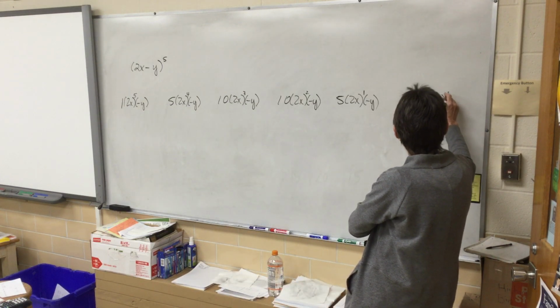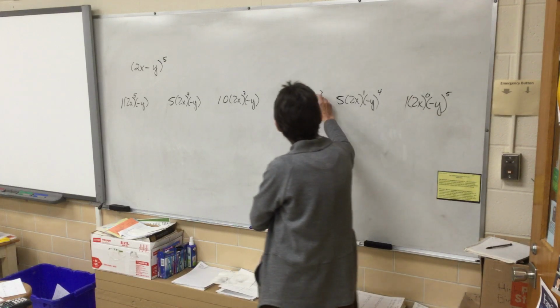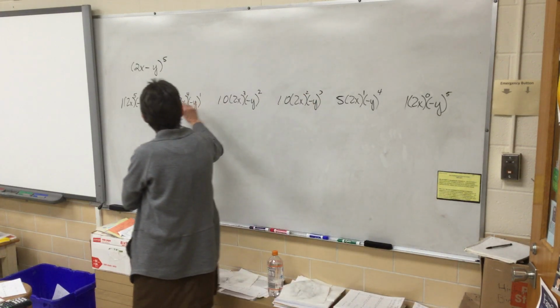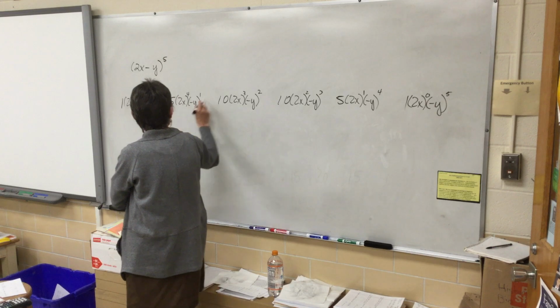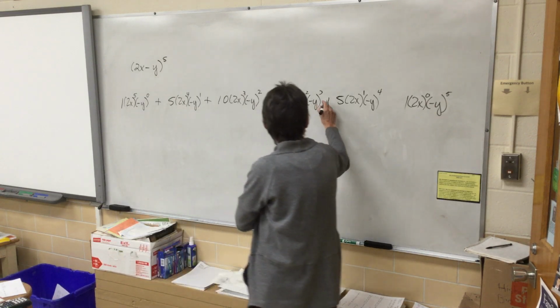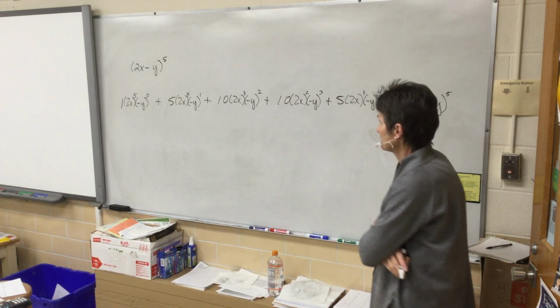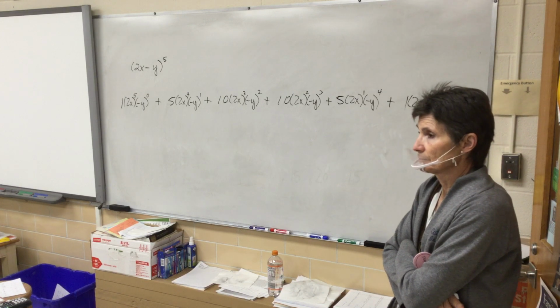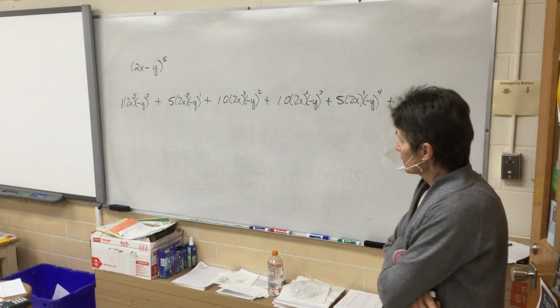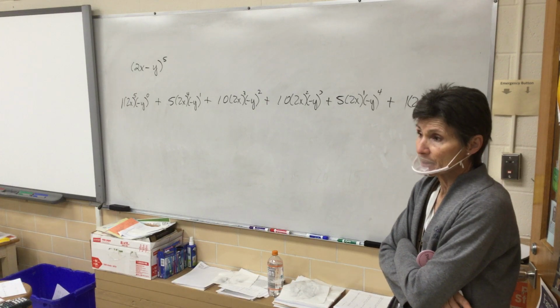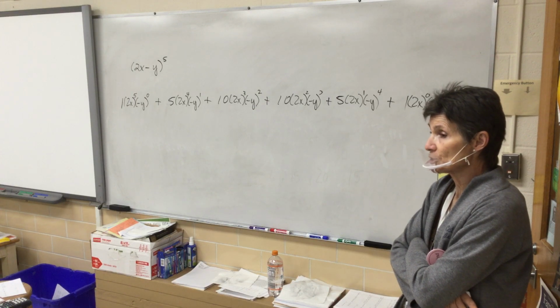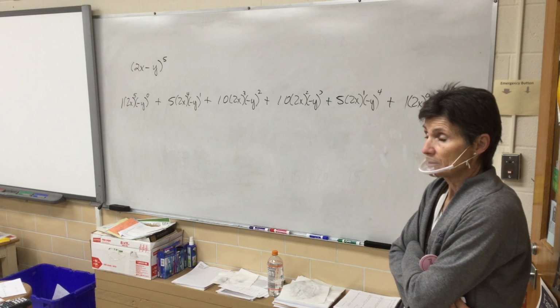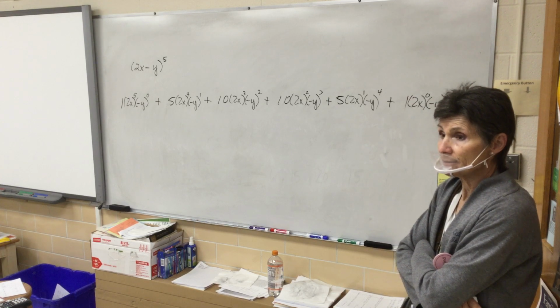And then 5, 4, 3, 2, 1, 0. All right, now we got to start simplifying. Is everybody good to this point? Anybody have a question so far? Everything looks good to here?